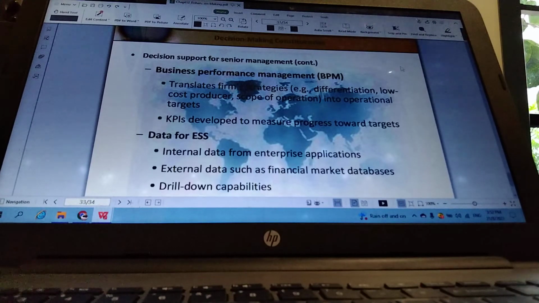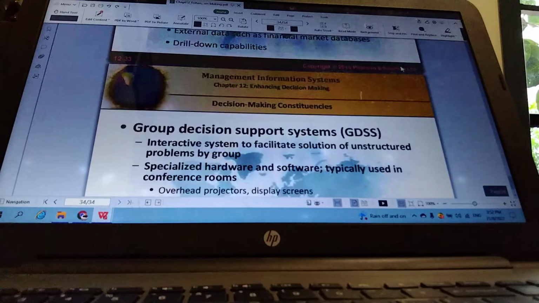Also for business performance management and monitoring, data for the ESS systems can be internal, external, or from any other source.